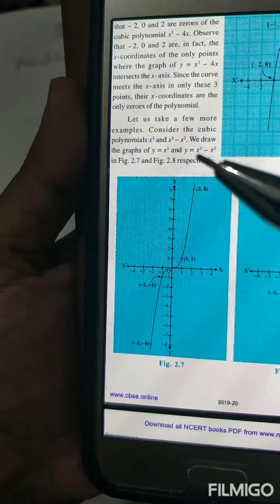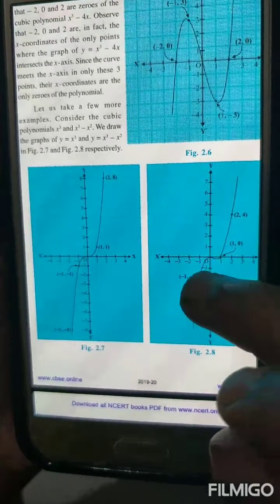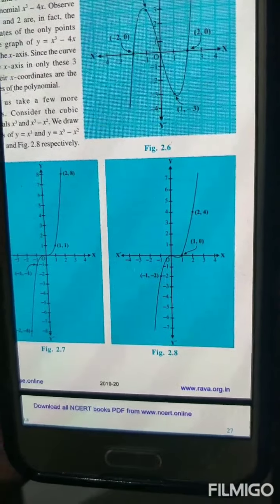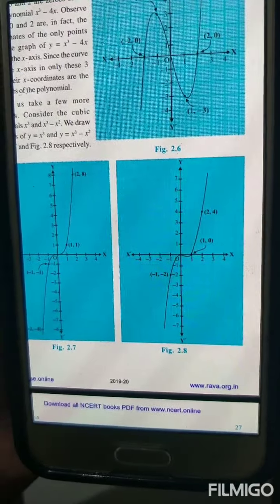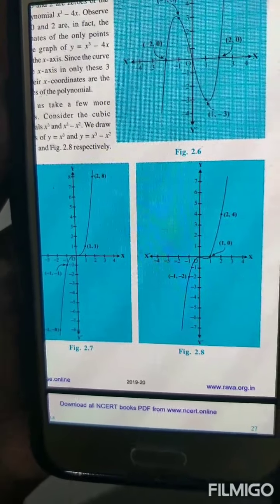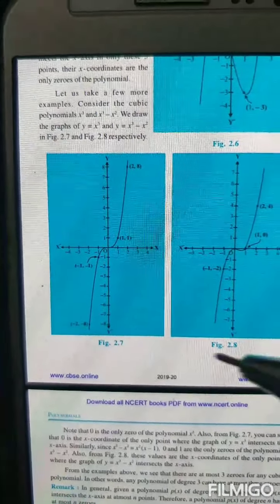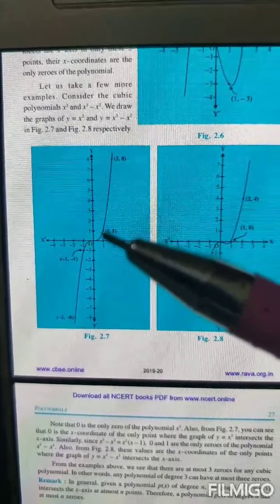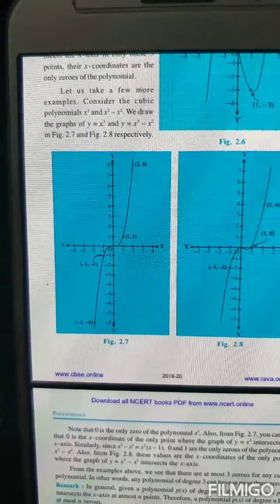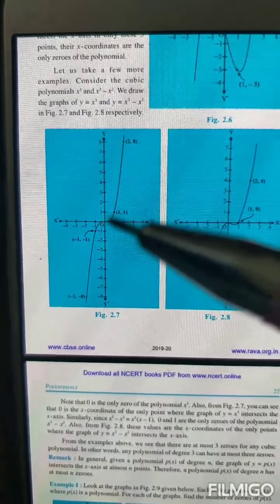And then the second graph is for y is equal to x cube minus x square. See the number of zeros present in these graphs. In the first graph, figure 2.7, how many zeros are there? There is only one zero, that is the origin, that is 0.